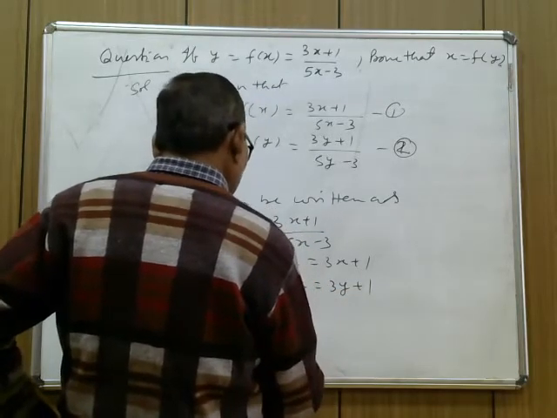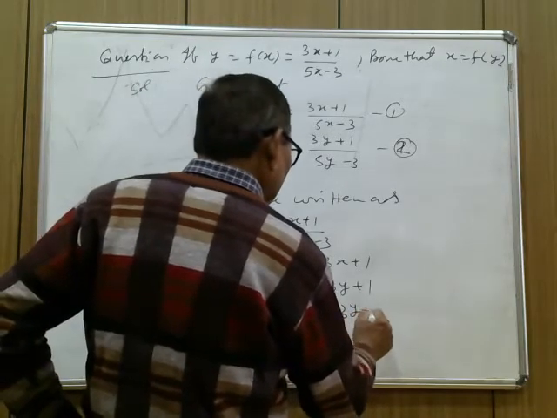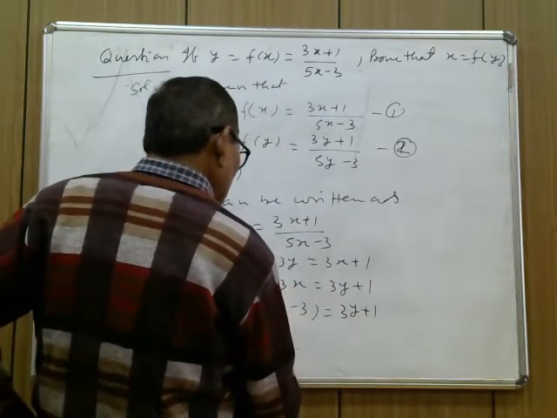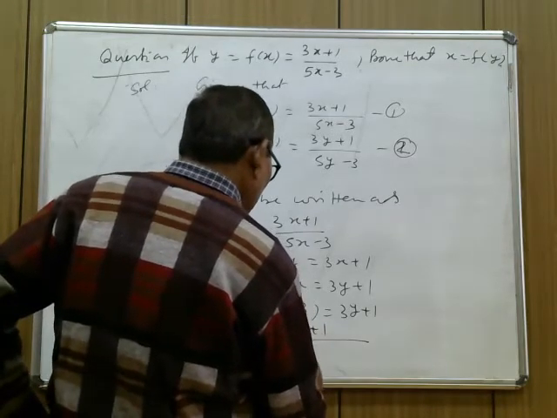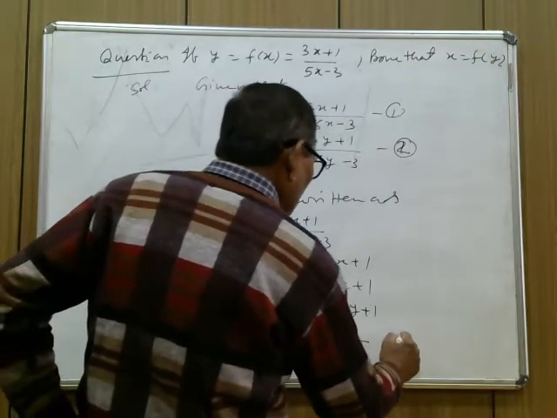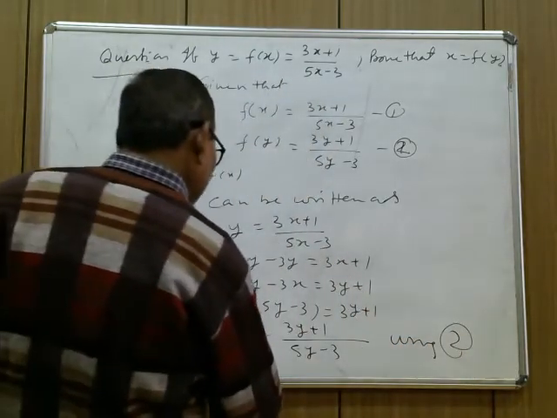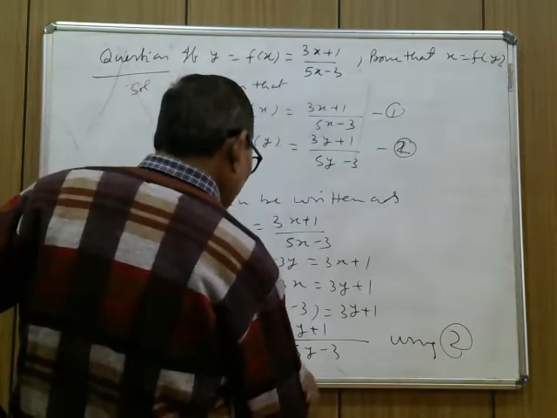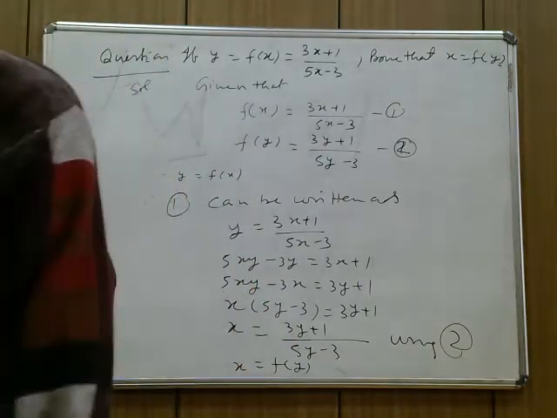So x in the bracket (5y minus 3) is equal to 3y plus 1. From here your x is (3y plus 1) upon (5y minus 3) using 2. So you can write x is equal to f(y). So in this way you can do these types of questions.